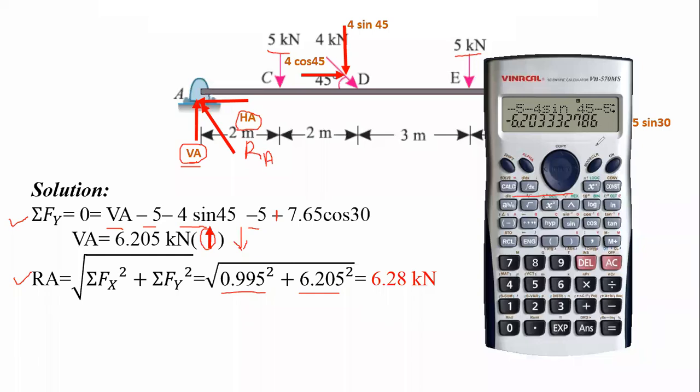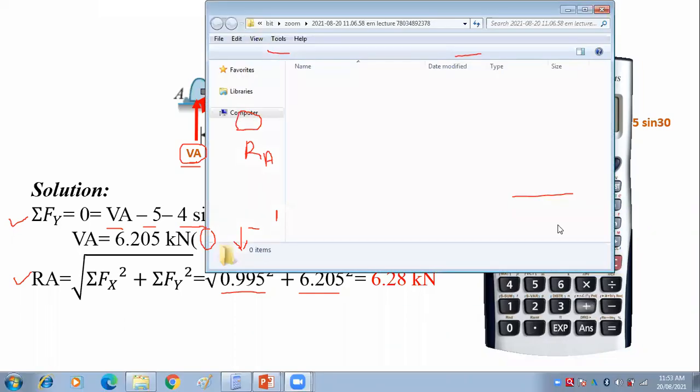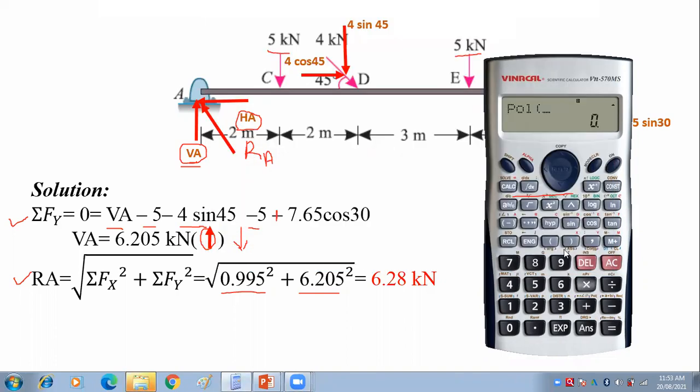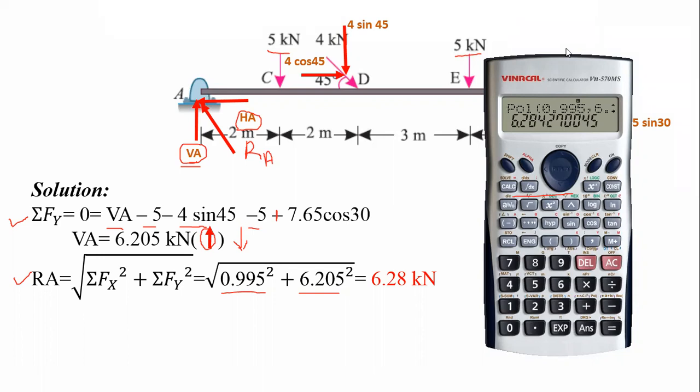Now let us use the calculator's Pol function, shift Pol. Entering 0.995 comma 6.25 gives 6.28. That is the reaction RA. By using summation Fx equal to 0, summation Fy equal to 0, and the sum of all moments about any point equal to 0, we have found the reactions RA and RB for the provided beam.